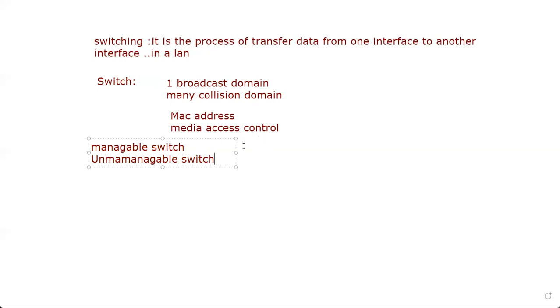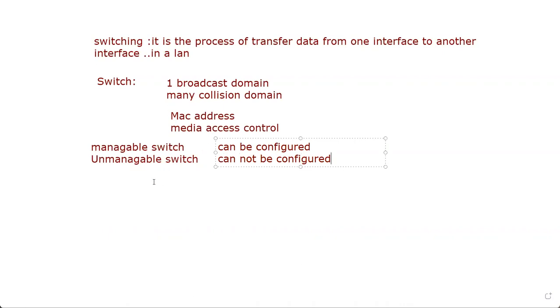I mistakenly said it wrong earlier. In the theoretical process, you need to understand that a manageable switch can be configured, but an unmanageable switch cannot be configured. We can set up the manageable switch, and the unmanageable switch we cannot configure.